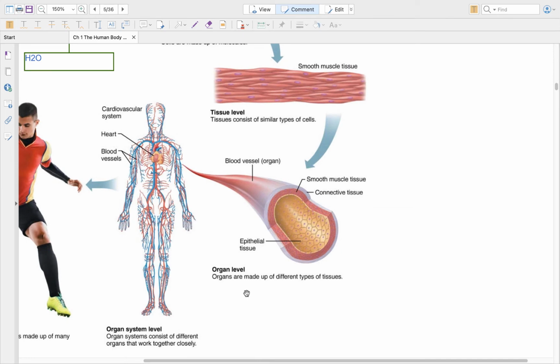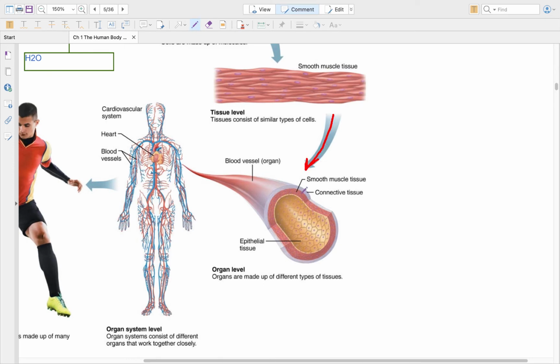Tissues that have the same function come together to form our organs. What we're looking at in this picture, the organ example that they've utilized, is a blood vessel, which is technically an organ. Your blood vessels are made up of different types of tissue. In this particular situation, we are looking at smooth muscle.